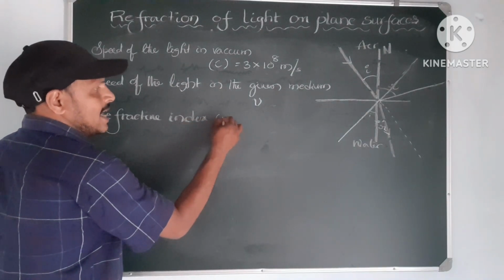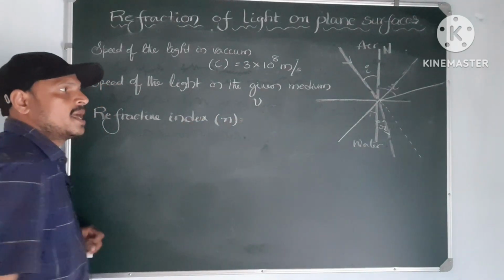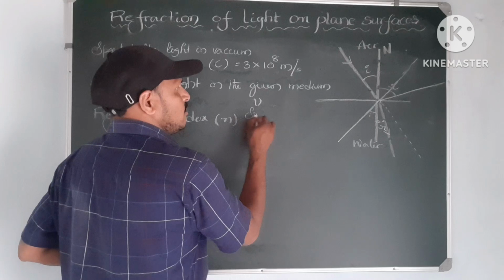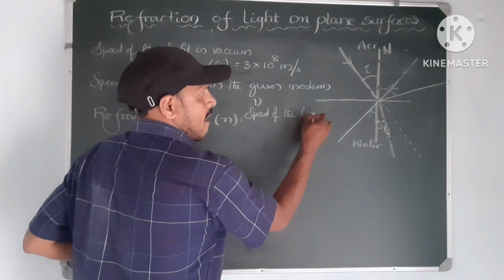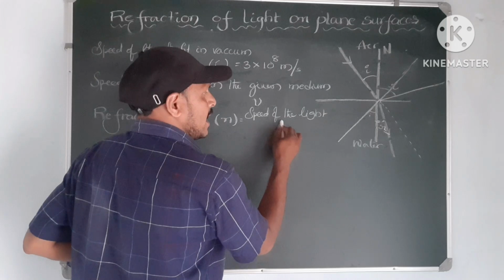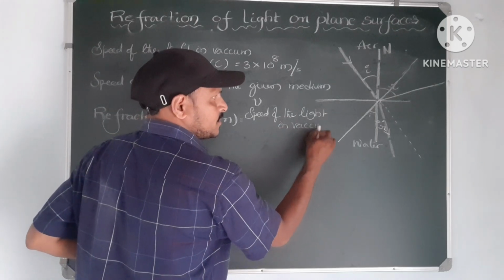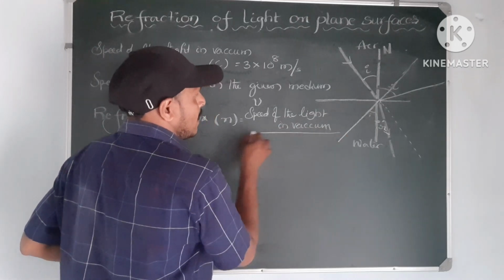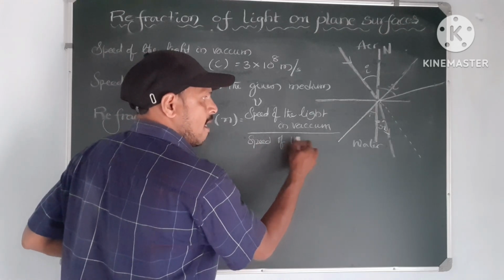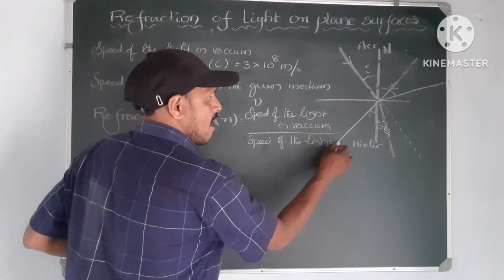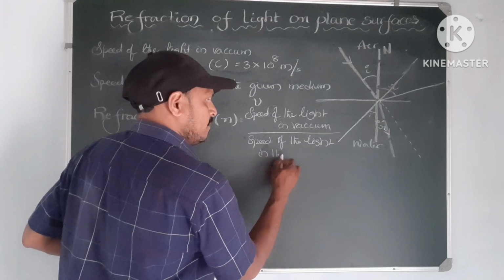Refractive index n is equal to the speed of light in vacuum divided by the speed of light in the given medium.